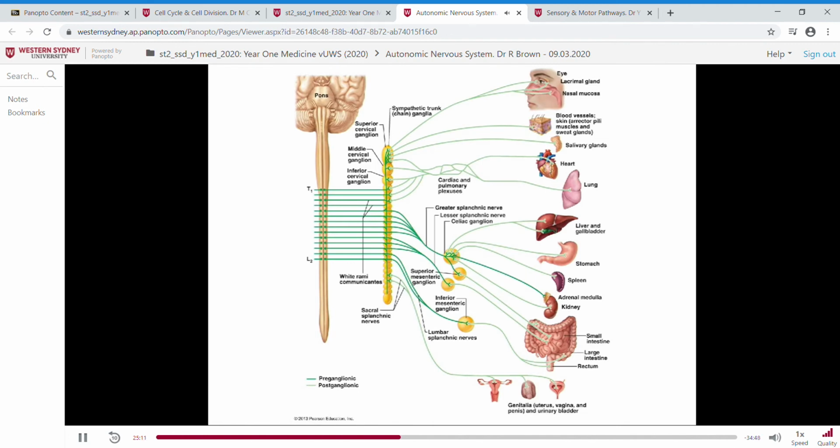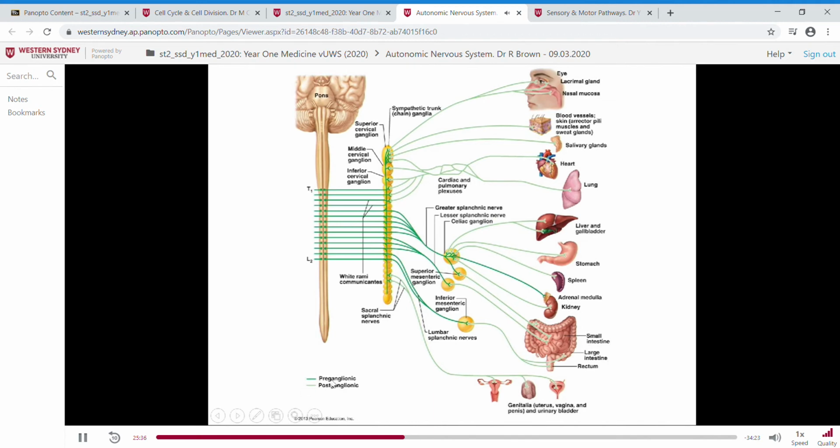So that's another diagram. You'll see a lot of these in the textbooks. It's good to know. If you can learn most of this, then you'll know what target organs are supplied by the sympathetic and the parasympathetic system and where they exit from the sympathetic chain. So you see here T1 to L2, again, or L3, okay?